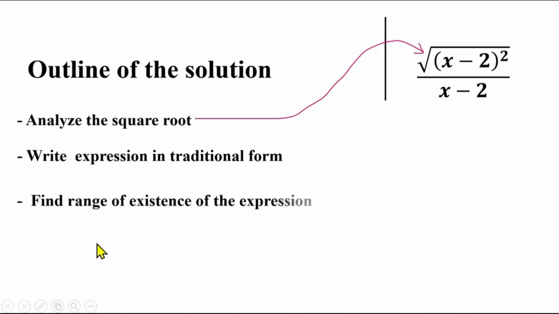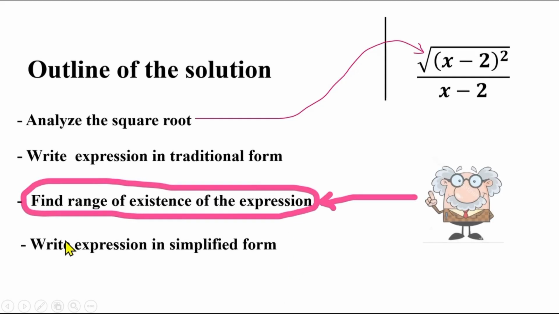We find the range of existence of the expression. And then we write the expression in simplified form, in the range of existence. I draw your attention to the third step, which is very important. However, many students ignore this, and this leads to many mistakes.